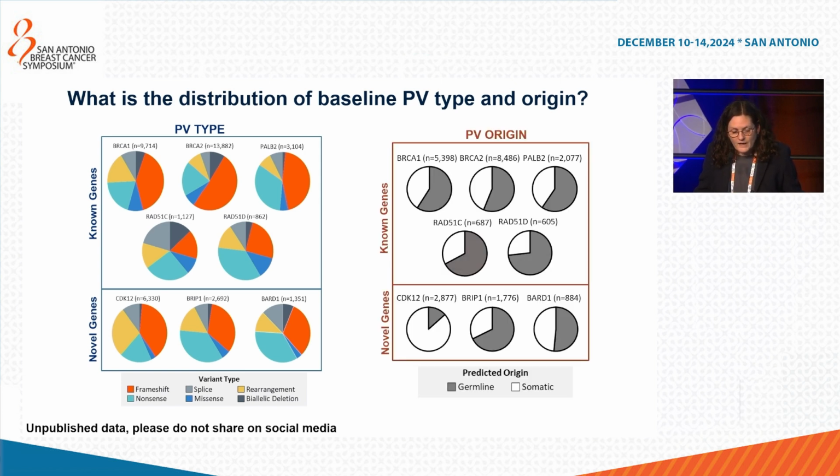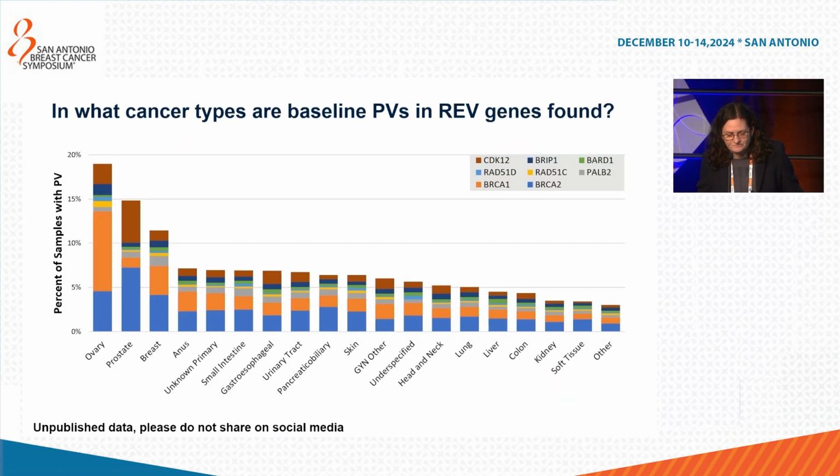Going along with that, when you look at whether the pathogenic origin, as estimated with Foundation's algorithms, was germline or somatic, not surprisingly, the CDK12 mutations are mostly somatic rather than germline, whereas the others are reflective of a mostly germline origin.